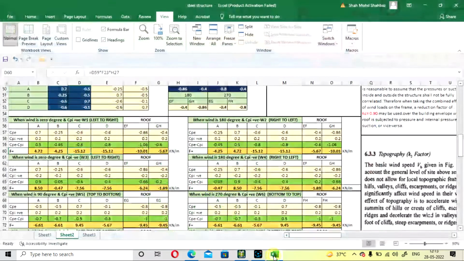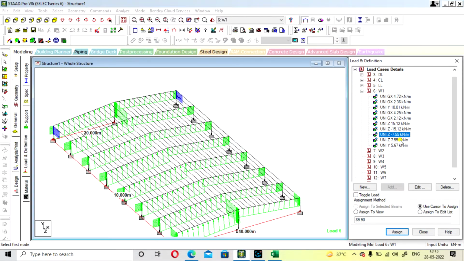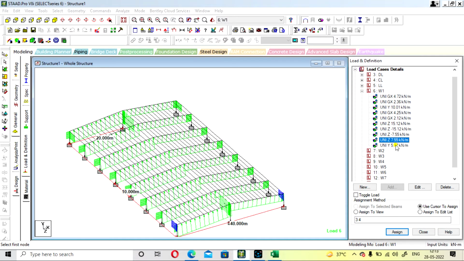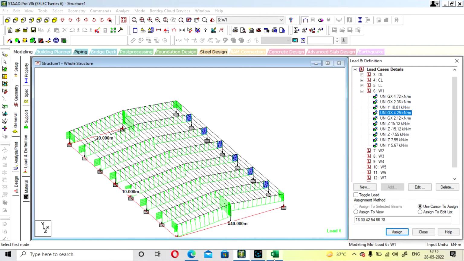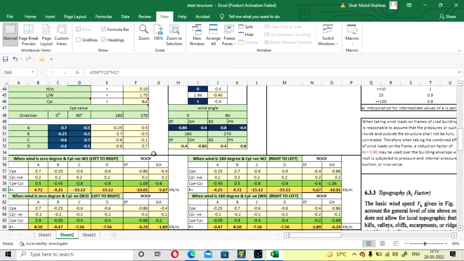So similar value will be applied here also and here also. Okay, and in similar way, you have to apply the loads for all the directions. So this 0 degree will be applied here, and for the roof also, if you want to check.